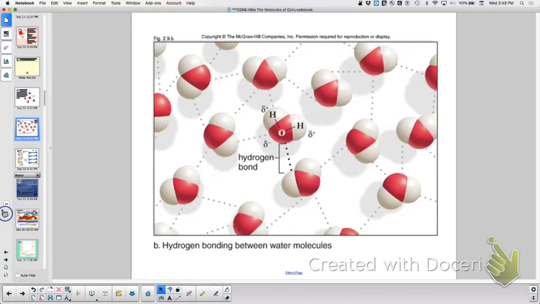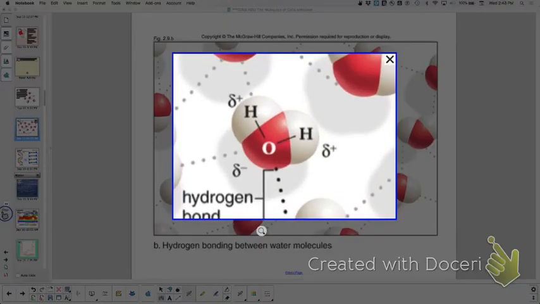Okay, so here are several water molecules, and within each water molecule are 2 polar covalent bonds, right? Because oxygen has a stronger pull on the electrons they're sharing. So it is partially negative, the hydrogens are partially positive.